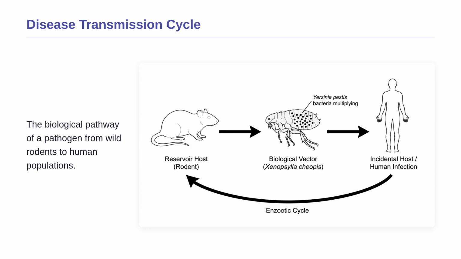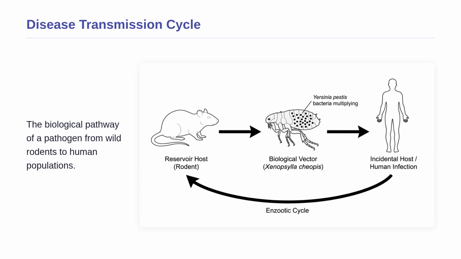Now that we have explored the math and biology, let us visualize the entire process with this diagram of the flea-borne disease transmission cycle. On the left, you see the reservoir host, represented by a wild rodent. An arrow points from the rodent to the biological vector in the center, which is the flea, specifically Xenopsylla cheopis.